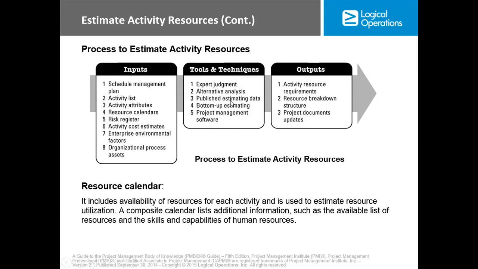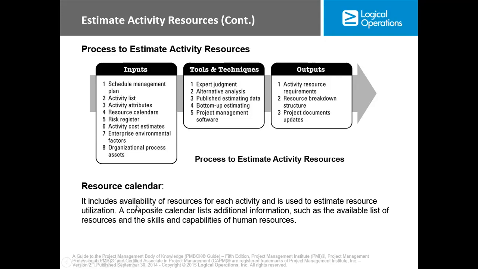Okay, now the tools and techniques: we have expert judgment, alternative analysis, published estimating data, bottom-up estimating, and project management software. Then output at the end of the day, we'll have activity resource requirements, resource breakdown structure, project document updates, and so on and so forth.